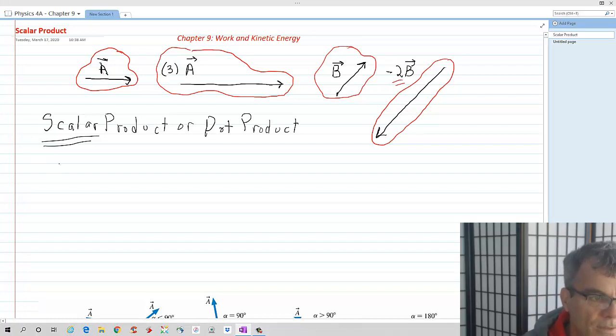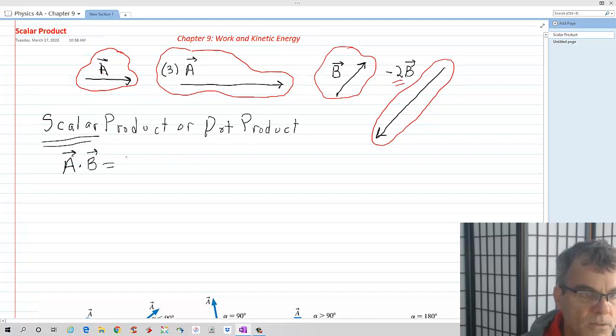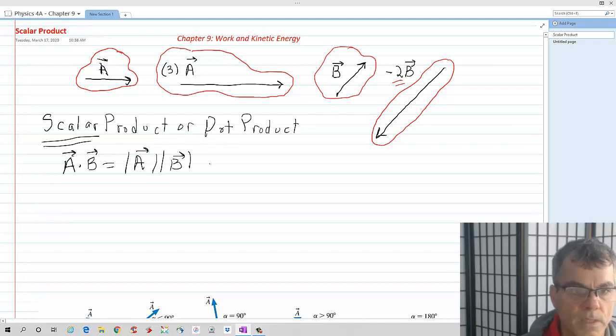So if I have 2 vectors, A and B, the dot product of those 2 vectors is defined as the magnitude of the first vector times the magnitude of the second vector times the cosine of the angle between the two. So for example, let's say vector A has a length of, we'll just call it 10 meters.